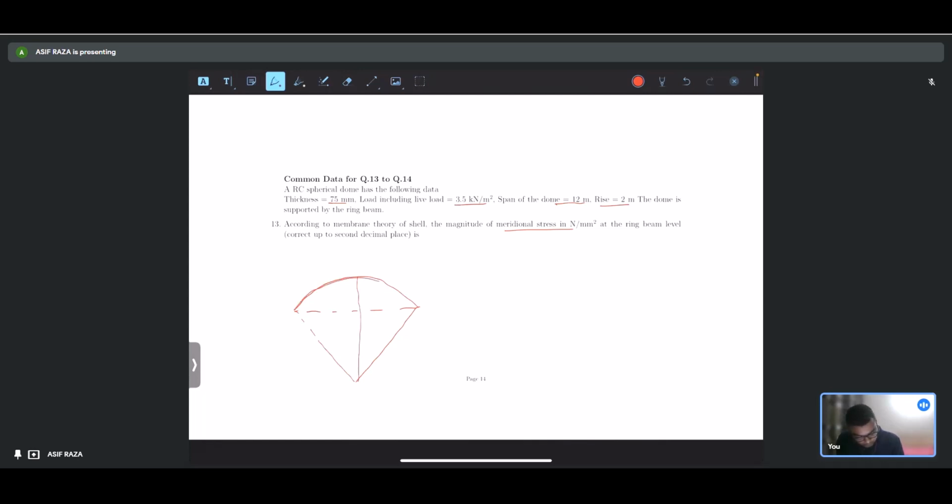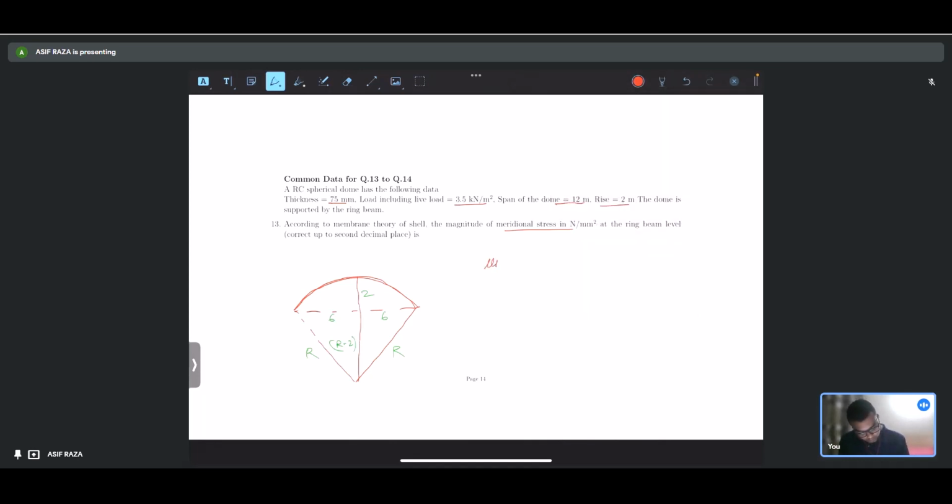So we are given this. Let's name this R. We are given 2, this is 6, and this is R minus 2.